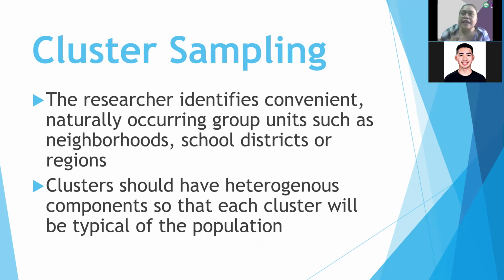Remember, in stratified sampling, the grouping is homogeneous. When you say homogeneous, they should have the same characteristics. So if female, all are female. If male, all are male. If an age group was used in dividing, all adults are in one group and all adolescents in another. So they have the same characteristics.